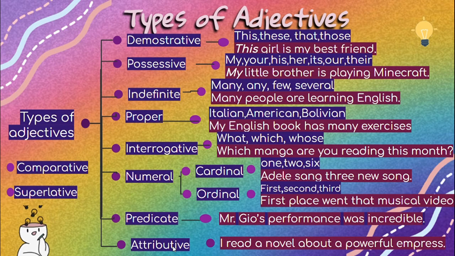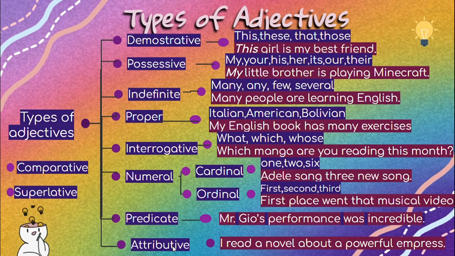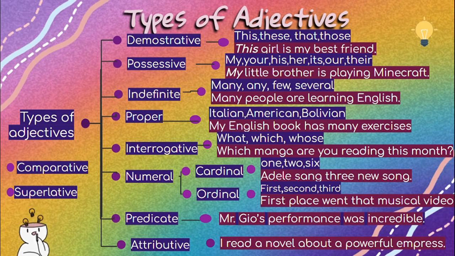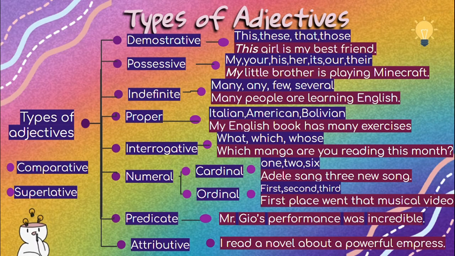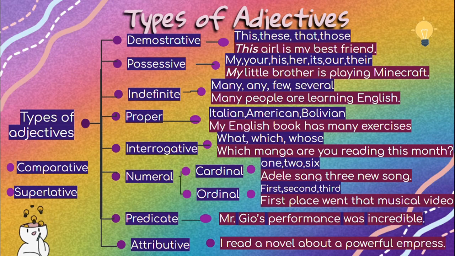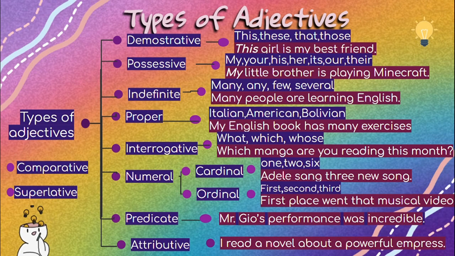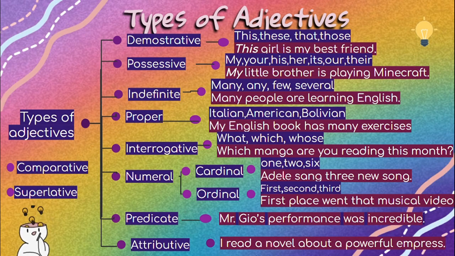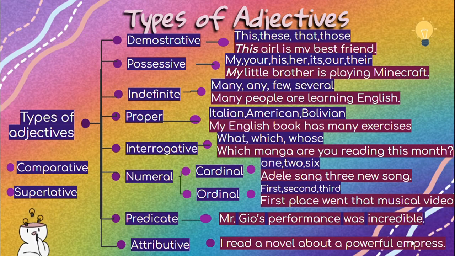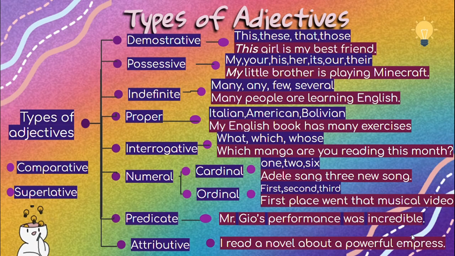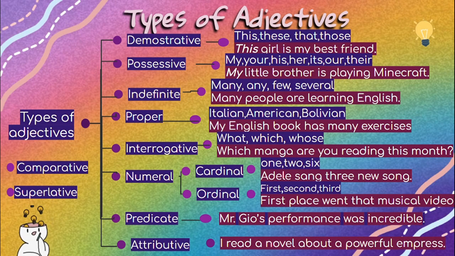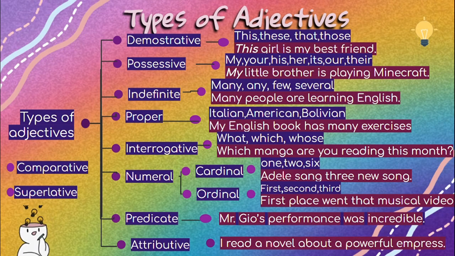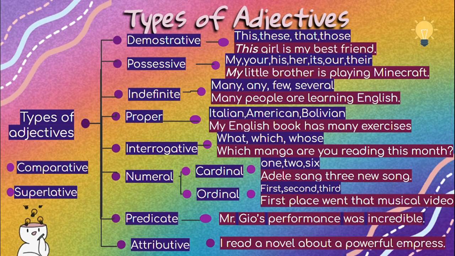Attributive adjectives are adjectives that are directly next to the noun or pronoun that they modify. Usually, these attributive adjectives come before the noun that they modify. For example, I read a novel about a powerful empress.